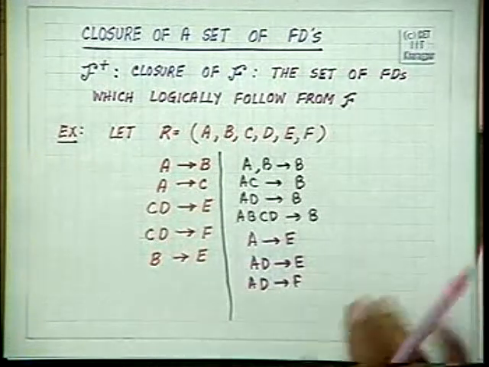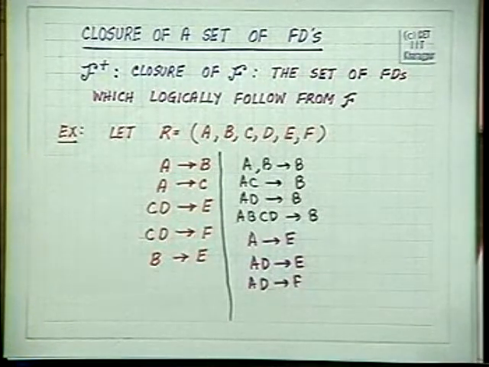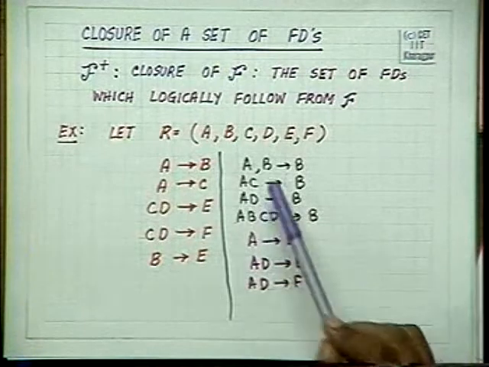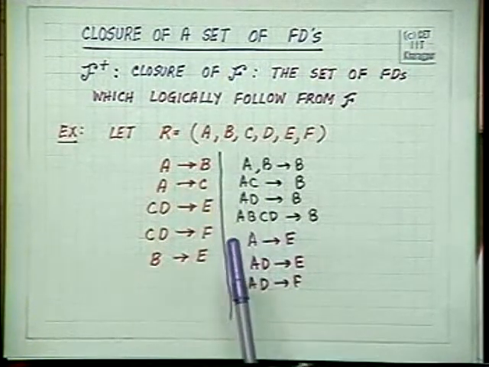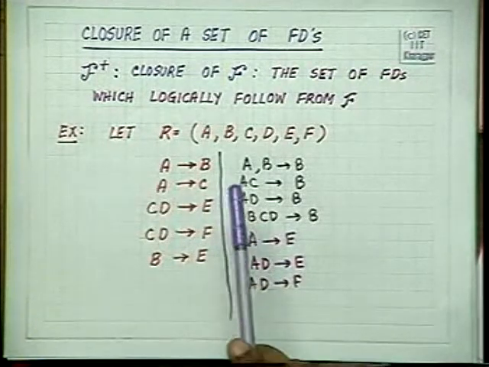So, we have the set of functional dependencies which logically follow from F. The next question which we will have to answer at this point is, how do we compute the closure? What is the mechanism to compute the closure? Is there an algorithm to compute the closure?